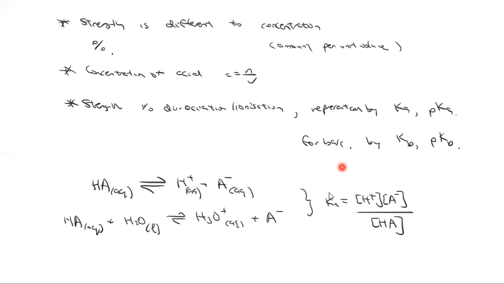This is then often confused with pH, and you might recall that by definition, pH equals negative log base 10 of hydrogen ion concentration. So pH is simply a log scale of hydrogen ion concentration.